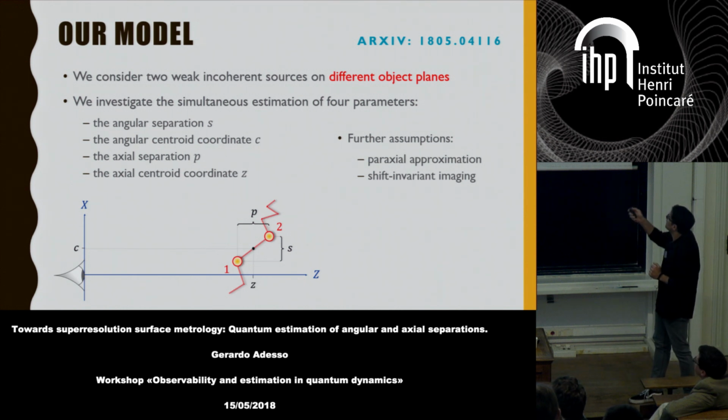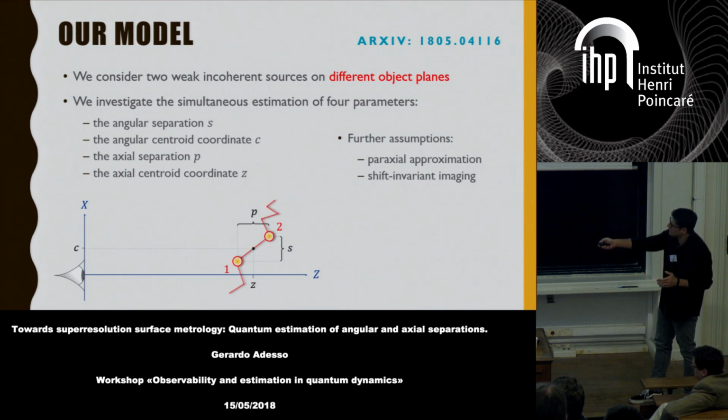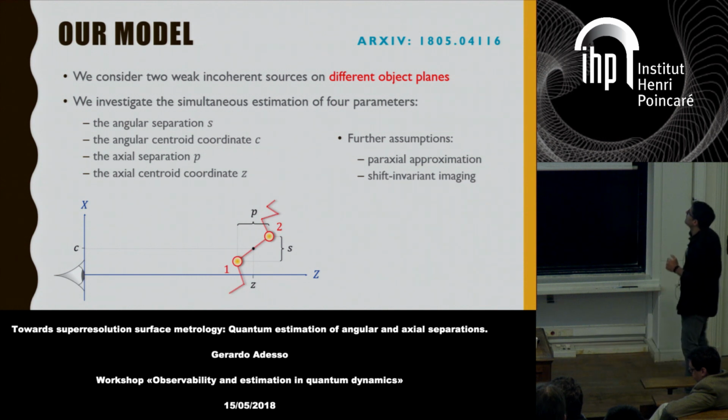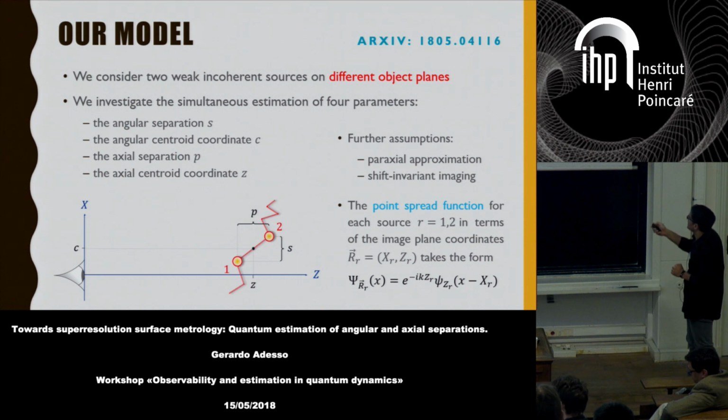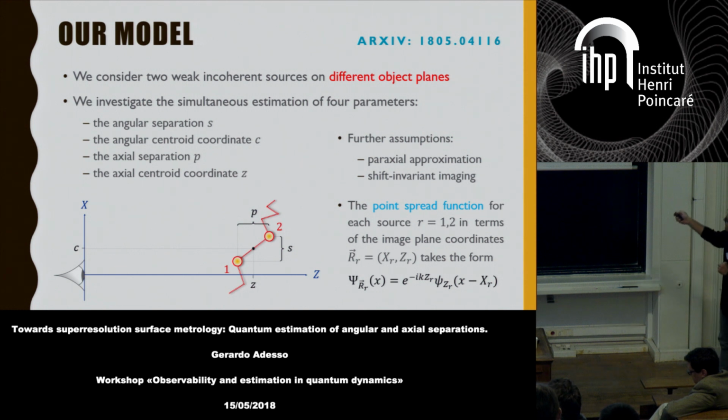And then we are in the paraxial approximation, which means that the detector is sufficiently far away from the source compared to the wavelength of the light. And then the shift invariance means that we can, without any loss of generality, I would say, consider the point spread function of the following form, where there is here a real term that only depends on the x coordinates, and then the phase information is factorized outside.